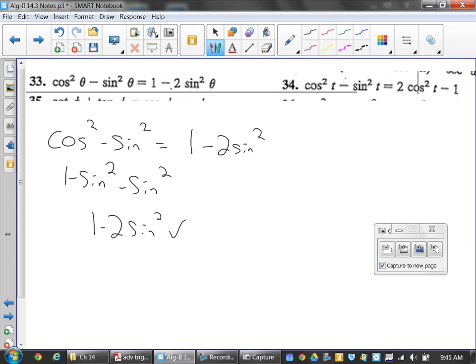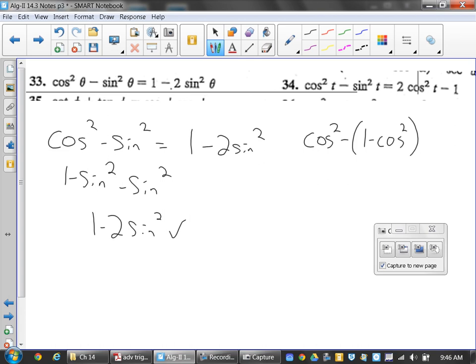Cosine squared minus sine squared, I want it to be 2 cosine squared minus 1. What did you replace in that one? Replace the sine squared. So in this one, you'd have cosine squared minus, sine squared would be 1 minus cosine squared.